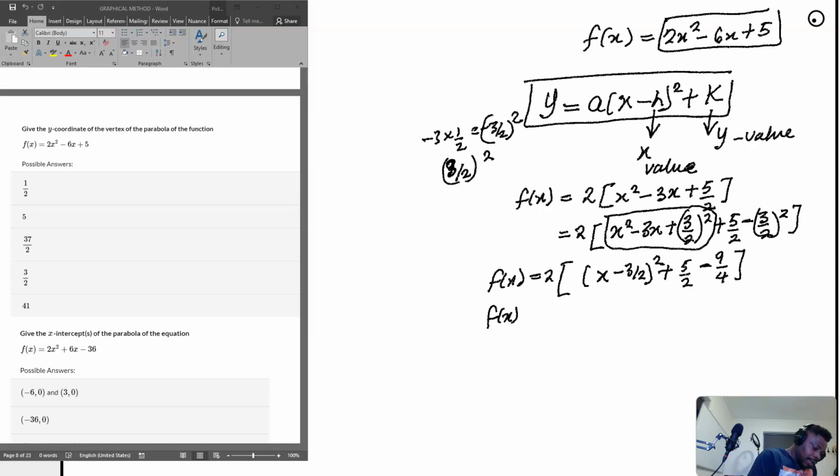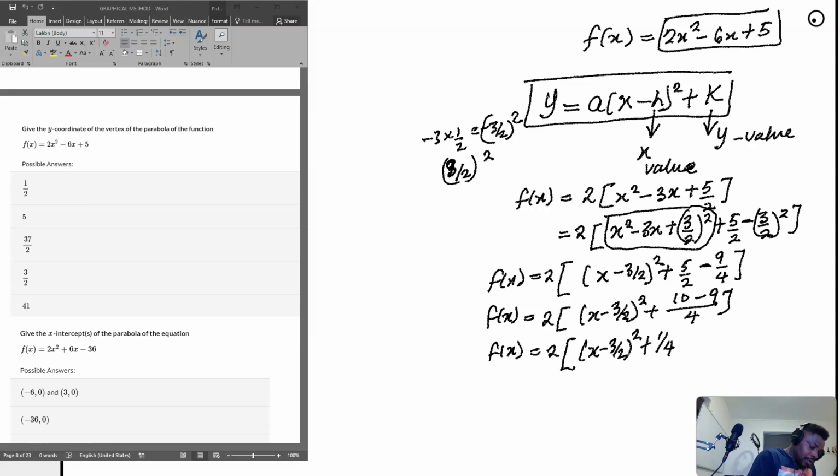The LCM is 4, so this is 10 minus 9. So f of x is 2 bracket x minus 3 over 2 squared plus 1 over 4.